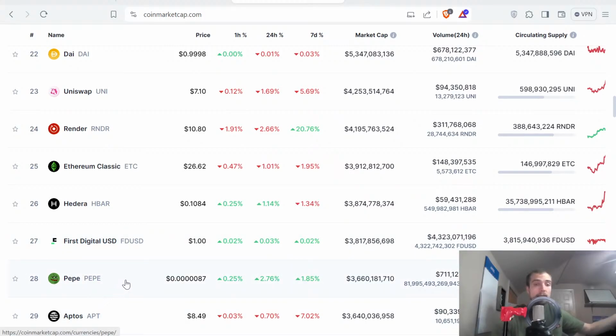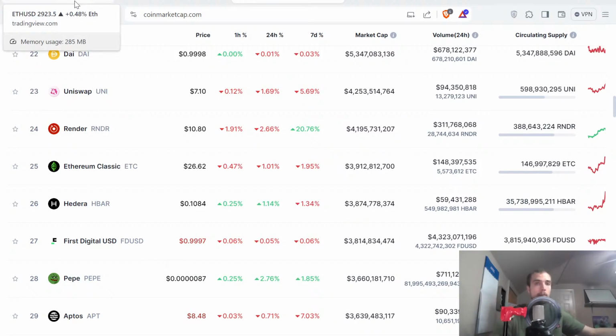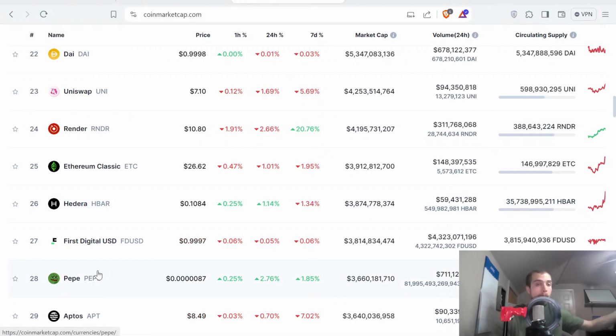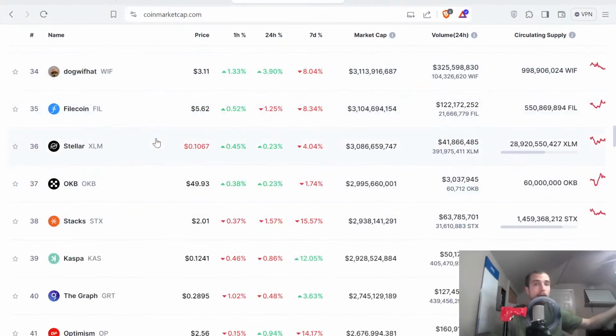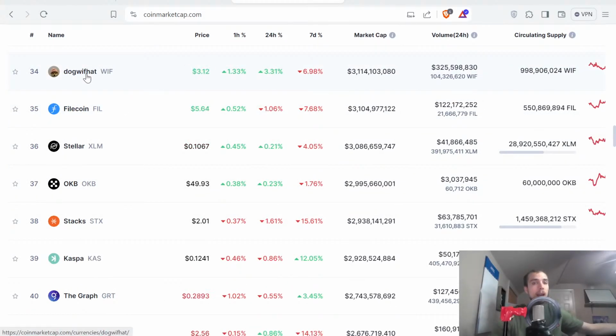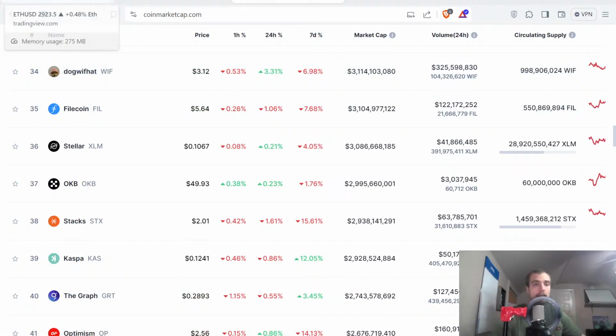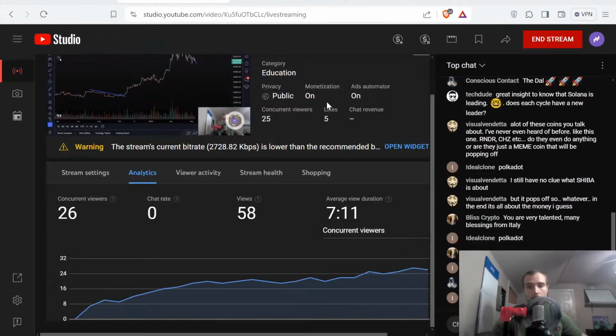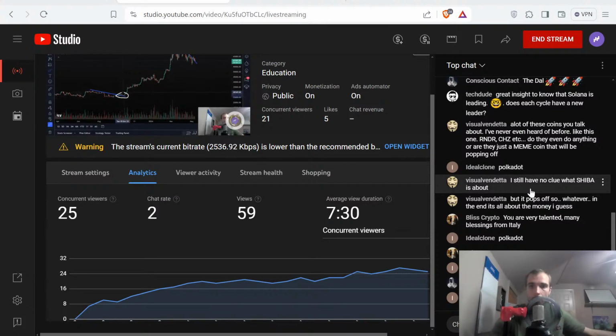So if people get excited, like I said, human emotion moves markets. If people get excited about Pepe, about Dogecoin or Dog with Hat, it's going to go up in value. And no person can stop it. It doesn't matter if it's useful or not. So hopefully that's helpful to you, Mr. Visual Vendetta.